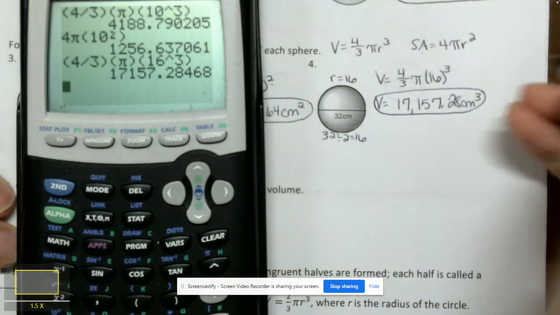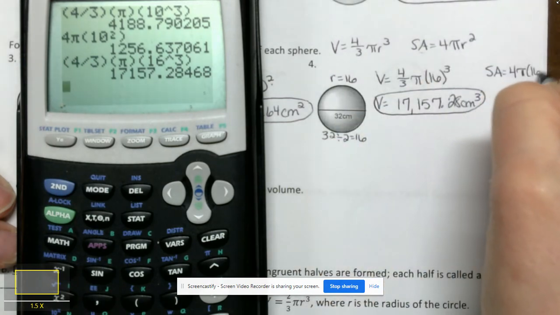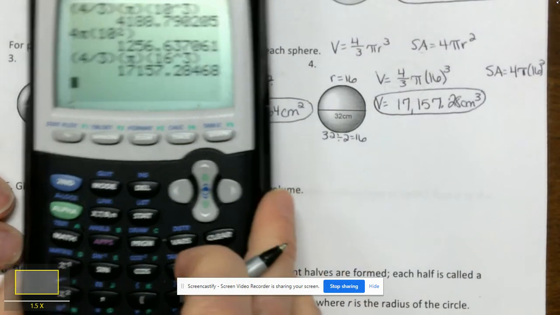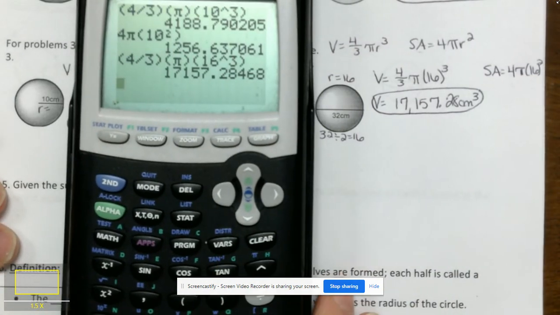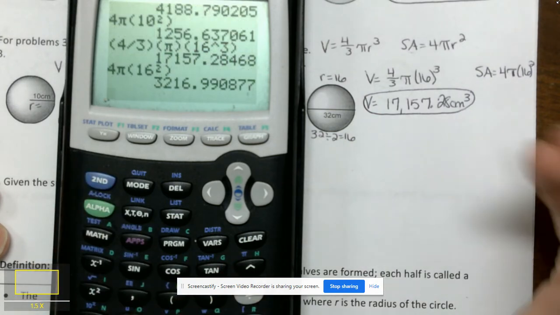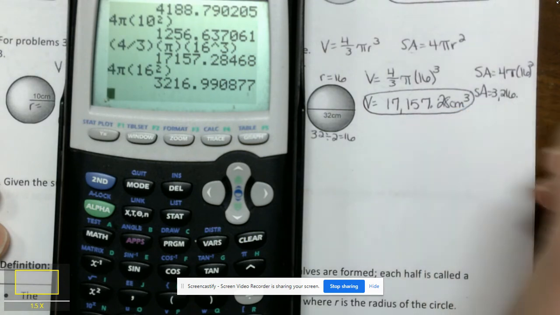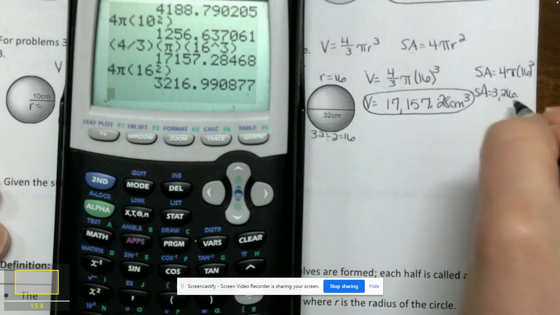Let's look at our surface area. I have surface area written right here, so I'm not going to write it again. It's going to be 4 pi, and then our r is 16 squared. We key that into the calculator: 4 pi times 16 squared. We get 3,216.9.